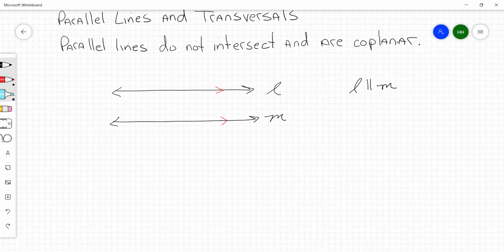Either way. Line L could also be called line AB. Line M could also be called line CD, and you could say that line AB is parallel to line CD.